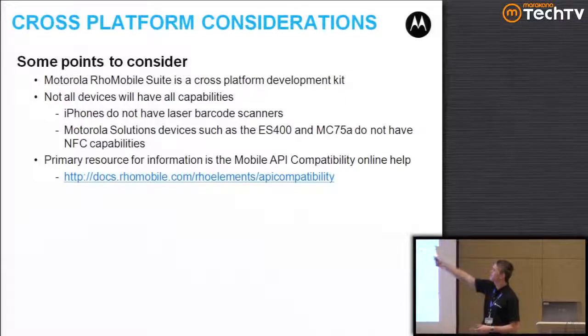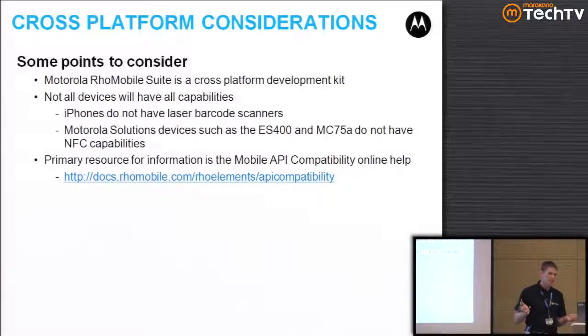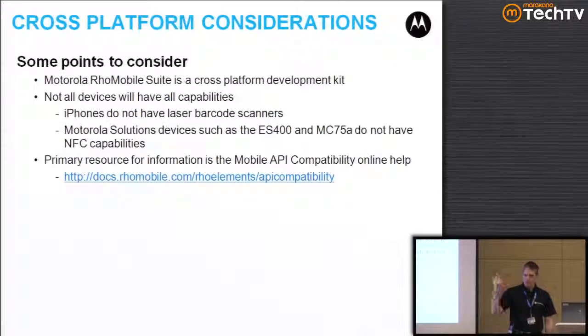So iPhones don't have laser barcode scanners. So you can't say to an iPhone application, enable, what's an obscure symbology? Can postal. Sorry if there's anyone that uses can postal in here, but it's not one of the major symbologies we use. So if you have your application that says to an iPhone to enable it, the iPhone's just going to go, I don't understand that.